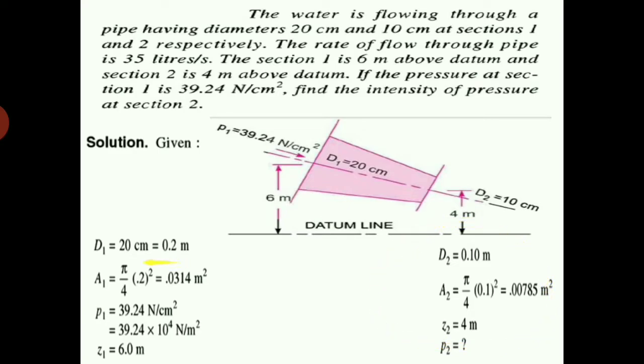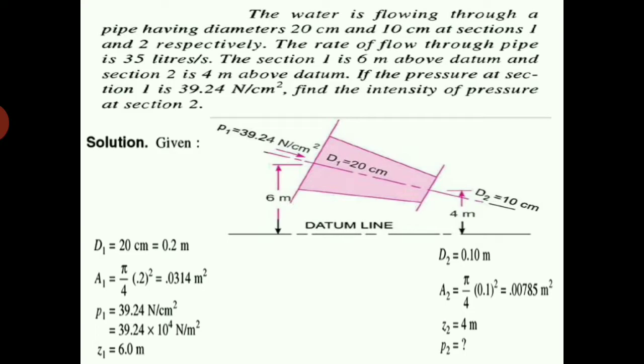The diameter is given, and from the diameter we can calculate the area by pi by 4 into d square. Similarly, the pressure intensity is given in Newton per centimeter square. We need to convert that into Newton per meter square by multiplying by 10 to the power 4. And finally, Z1, the distance from datum, is also given for the first section.